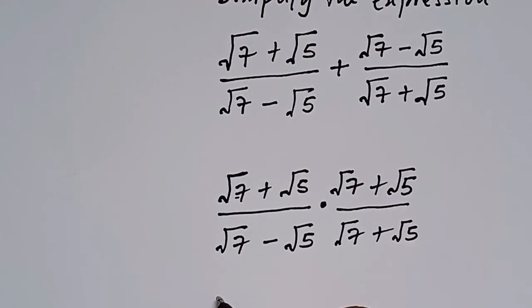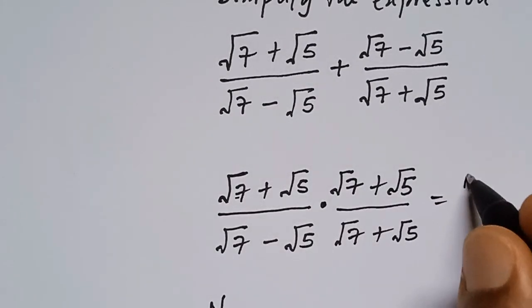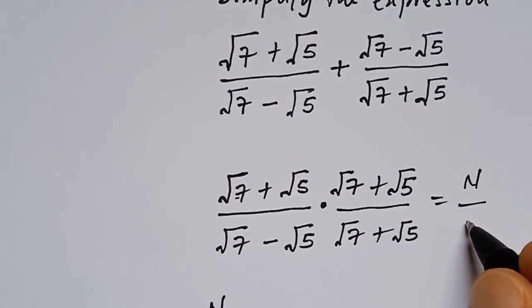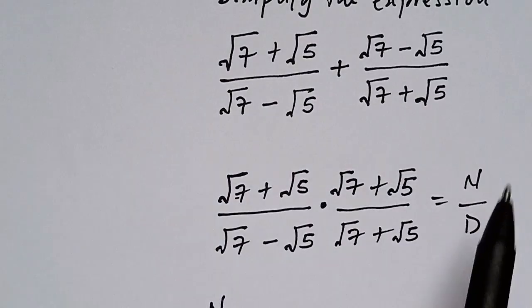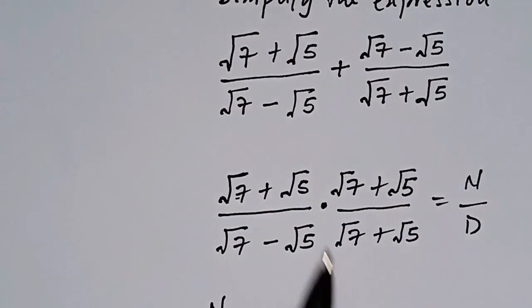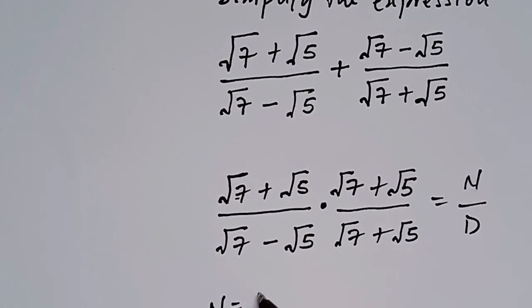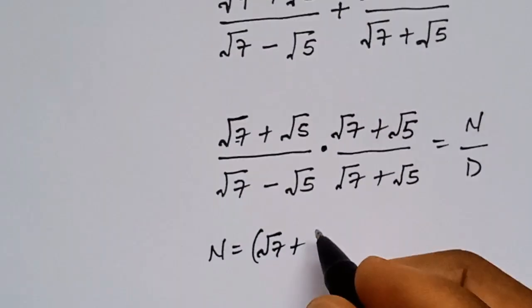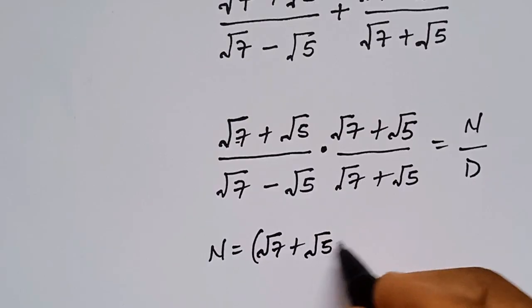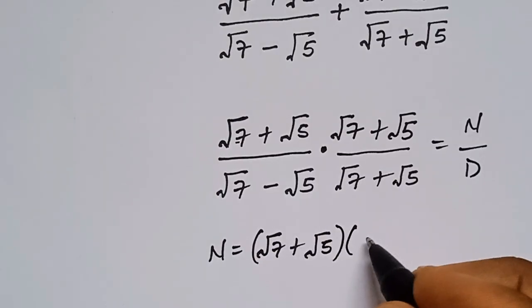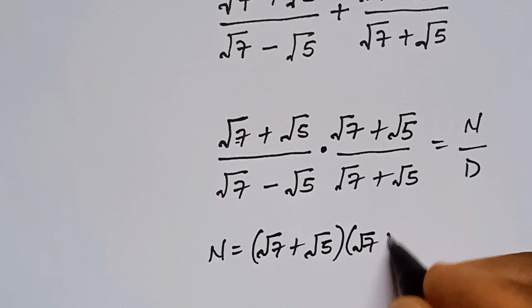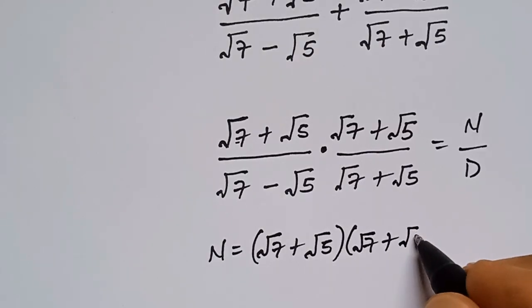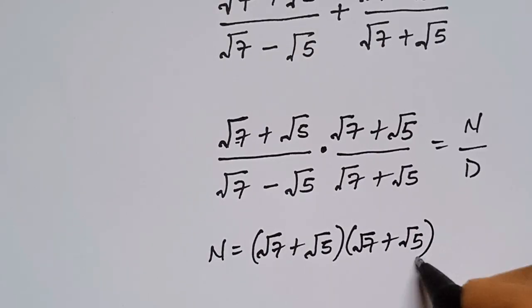Let's say the numerator is n. Let's give this n over the numerator, d over the denominator. So let's expand n, the numerator. That will be equal to square root of 7 plus square root of 5 multiplied by square root of 7 plus square root of 5.